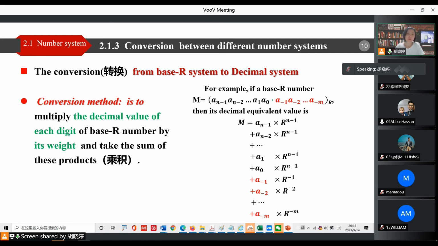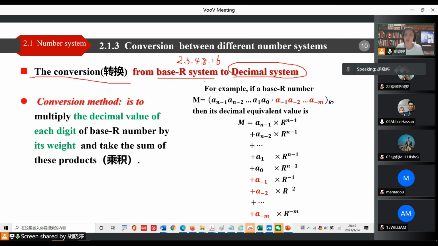First, we will focus on the conversion from a base R system to the decimal system. Base R means R can be 2, 3, 4, 8, any number. Usually we use octal and hexadecimal, not base 3 or base 4 or any other base.